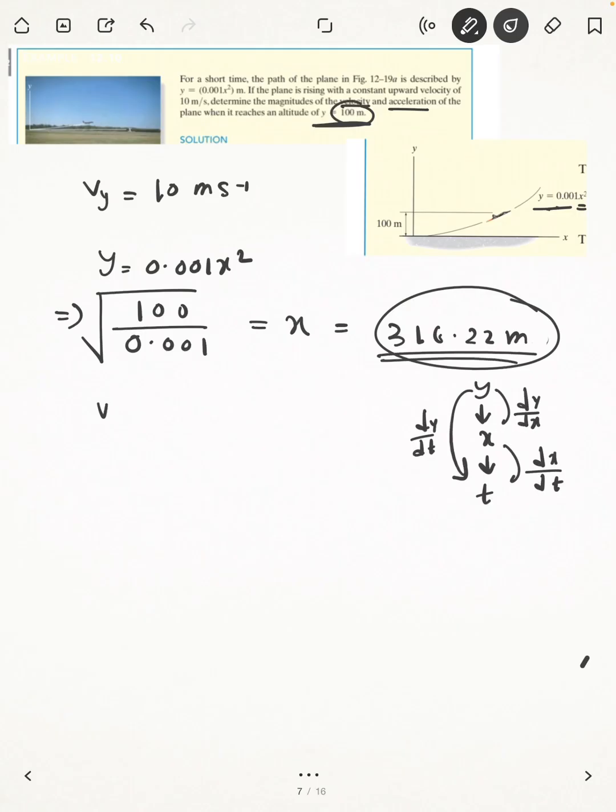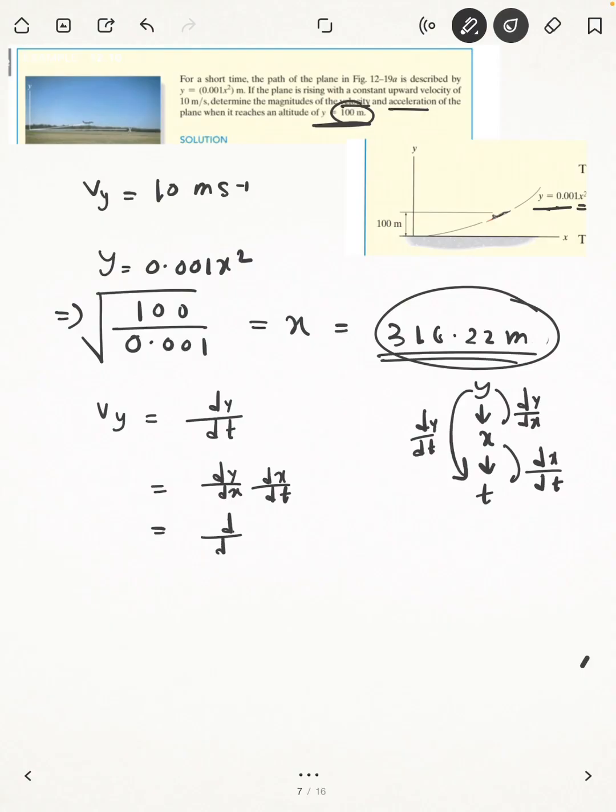So I can write vy, which should be dy by dt. What is dy by dt? I can write dy by dx and dx by dt.